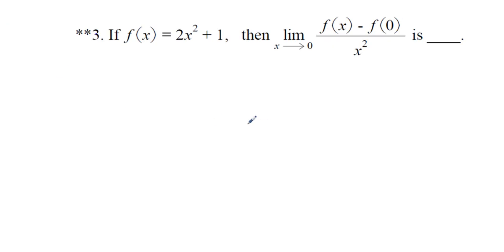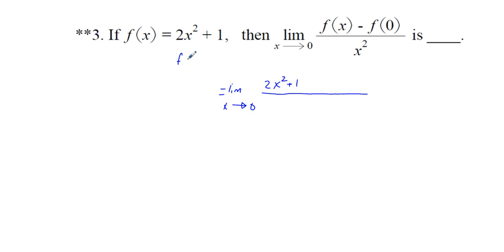Next, 3. If f of x equals 2x squared plus 1, then limit as x approaches 0 of f of x minus f of 0 over x squared is, well, we can just substitute in here, equals limit as x approaches 0 of, we're going to say f of x is going to be 2x squared plus 1, okay, and then minus f of 0.